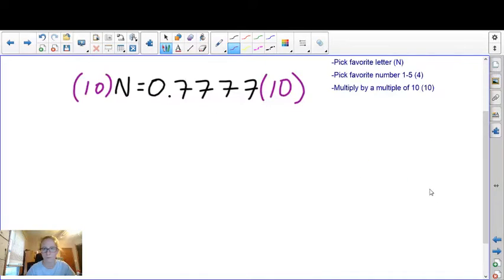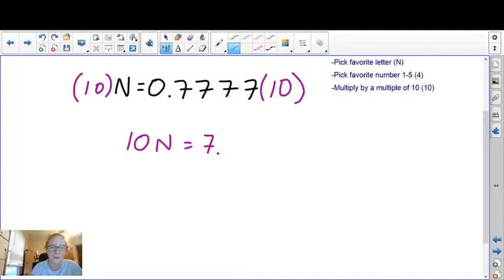There we go, scroll down a little bit. So this leaves me with 10 times something. Remember, my favorite letter will stand for something. So 10 times something is still just 10 times that thing. Multiplying by 10 to the black part will cause the decimal place to move over 1.